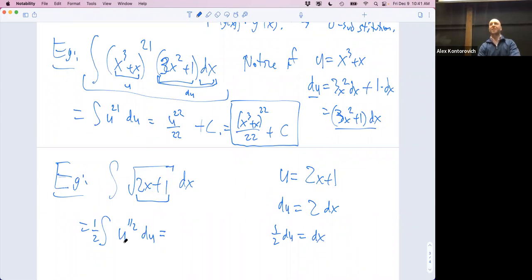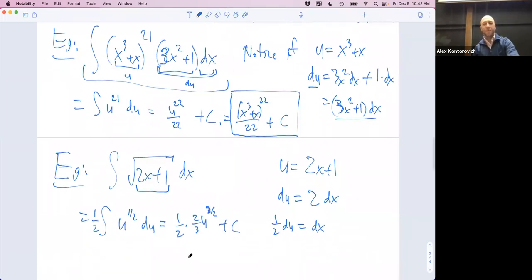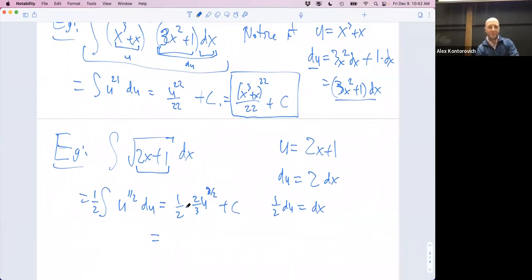That's u to the 3/2 divided by 3/2, in other words, times 2/3. And let's not forget the factor of 1/2 that was already there. Plus c. Every time, plus c. And what was u? So the 2's on top and bottom cancel. I get a 1/3. What was u? 2x plus 1. So this is 1/3 times 2x plus 1 to the 3/2 plus c.